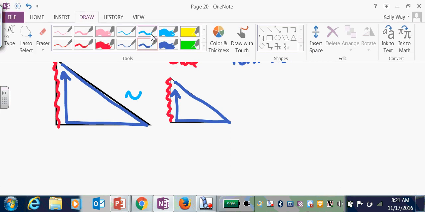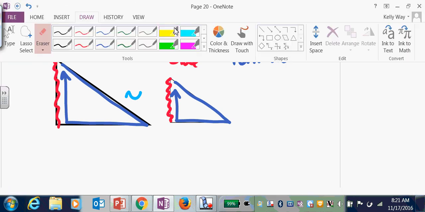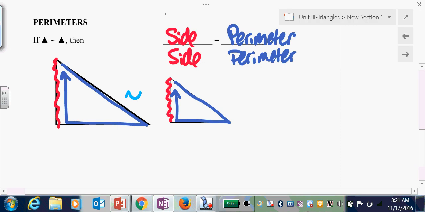The ratio of the sides will be the same as the ratio of the perimeters. Why? Because side length is 1 dimension and perimeter are also 1 dimension.